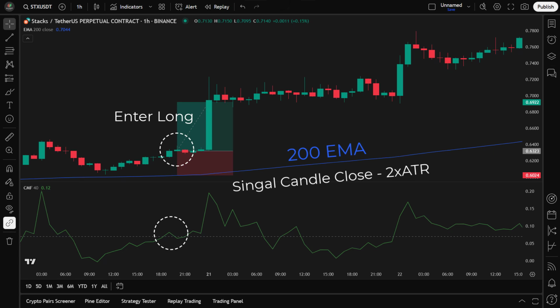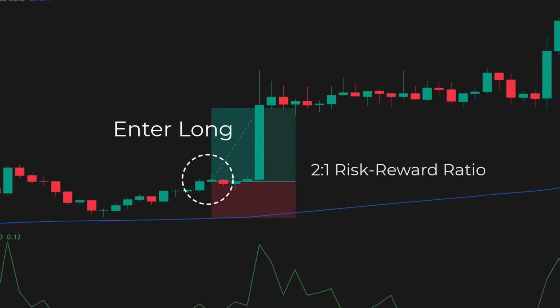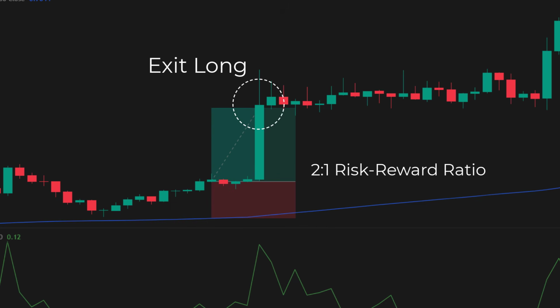ATR allows our stop to adjust to market conditions, avoiding premature exits from normal price fluctuations. For the take profit, we apply a classic 2-to-1 risk-reward ratio, placing the target at 2 times the stop-loss distance. This ensures that even with a 50% win rate, the strategy remains profitable over time. If a candle closes above the take profit level, we exit the trade and lock in our profits.